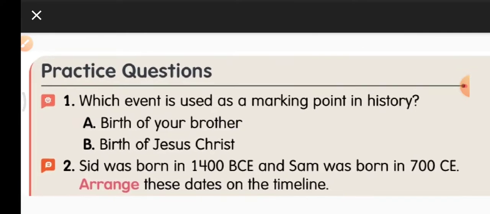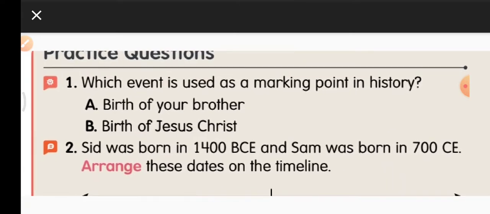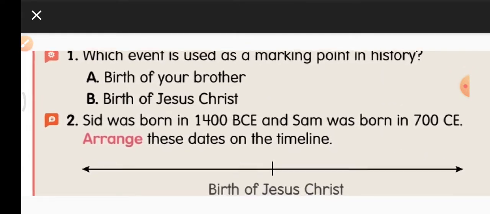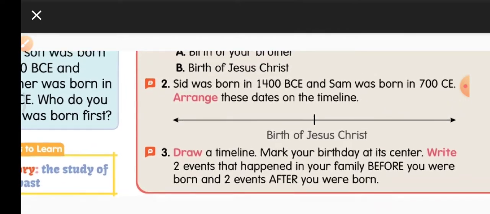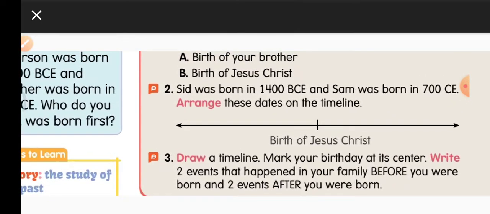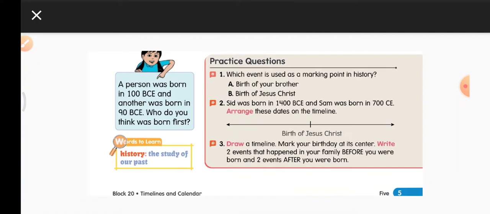Which event is used as a marking point in history? Birth of your brother or birth of Jesus Christ? Please tick birth of Jesus Christ. Second question, Sid was born in 1400 BCE and Sam was born in 700 CE. Arrange the dates on the timeline.